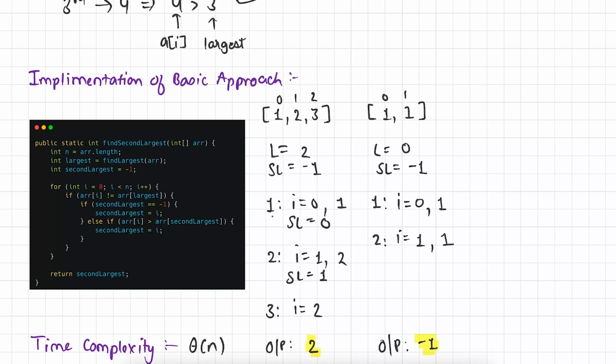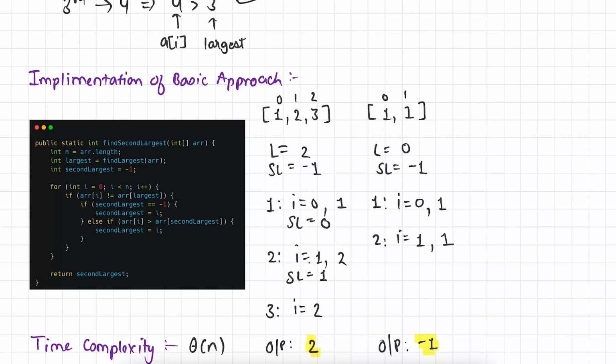Our loop begins, and in the first iteration the value of i is 0 and the value at index 0 is 1. We check that this index is not equal to the largest index, and it is not. So we get into this if condition and check if second largest is equal to -1, and this time it is. So we update SL to 0, meaning we found the second largest element at index 0, and we continue to the next iteration.